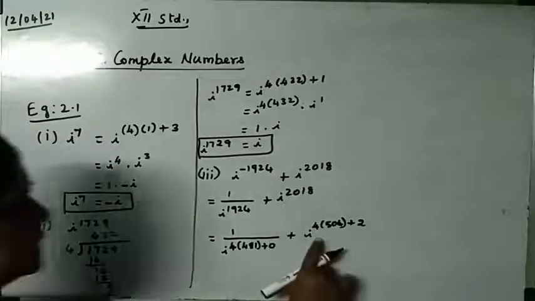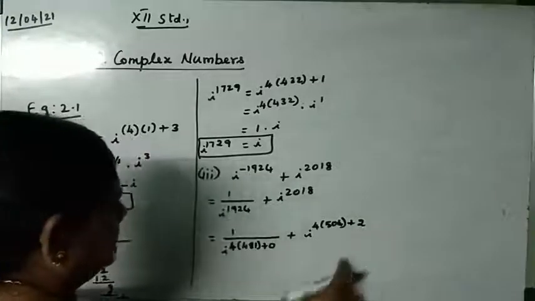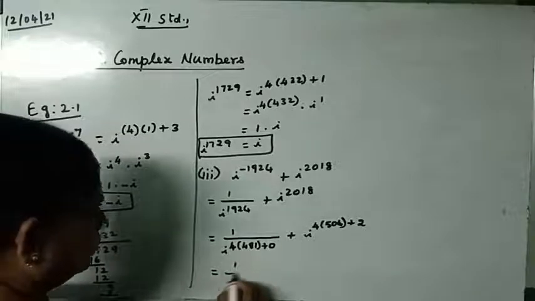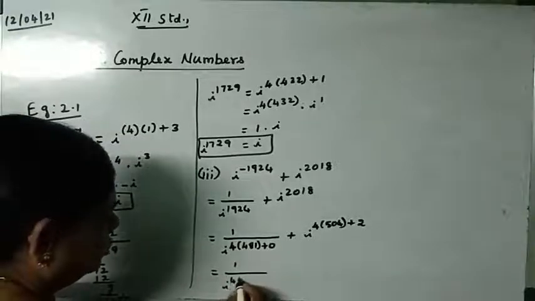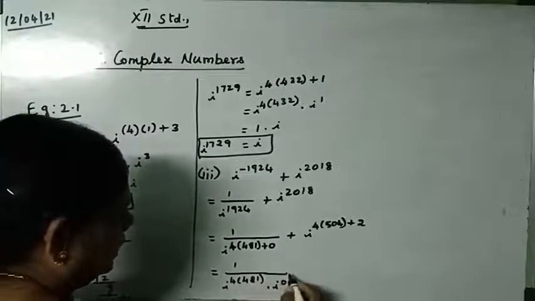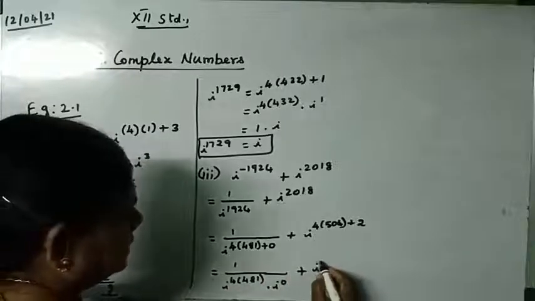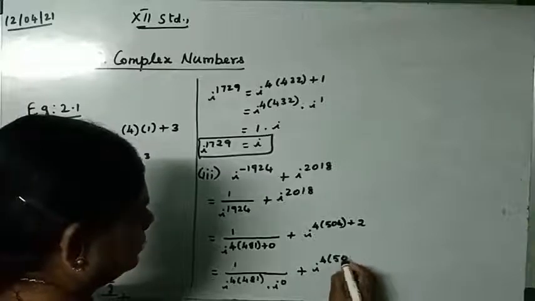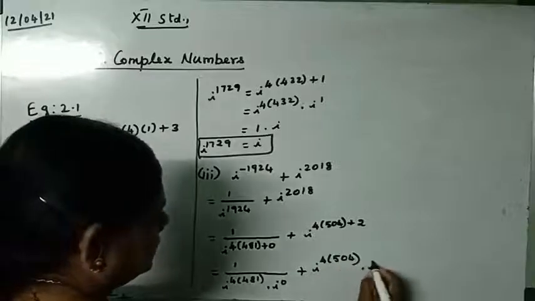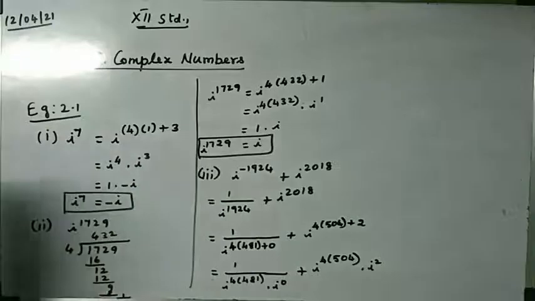Write this plus 2 as i power 2 and multiply. Here write 1 by i power 4 into 481 into i power 0. Plus i power 4 into 504 into i power 2, rewrite like this.